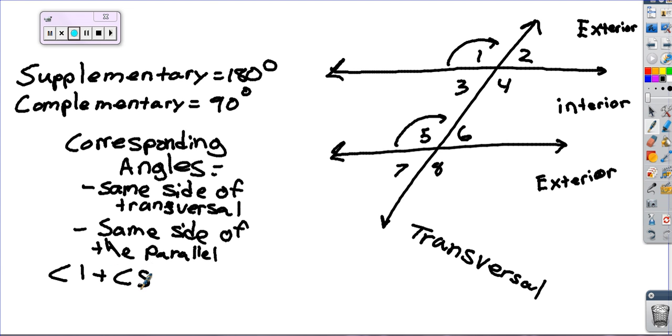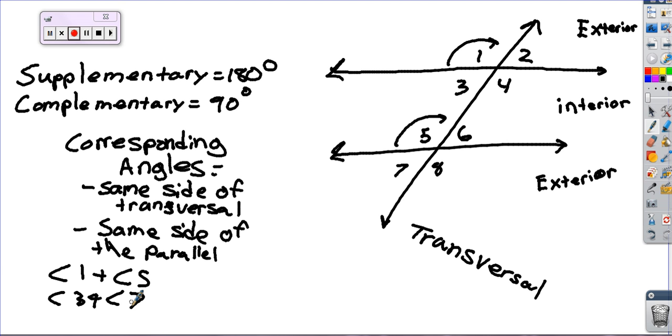That is angle 1 and angle 5. Angle 3 corresponds with, they're in the same position, they're both on the same side of the transversal. This is interior, this is exterior, but they are right next to each other. So we have angles 3 and 7.